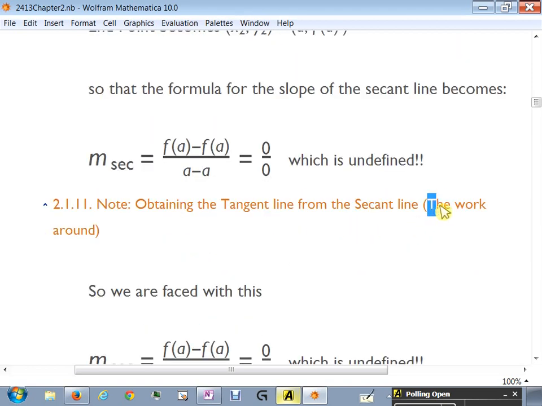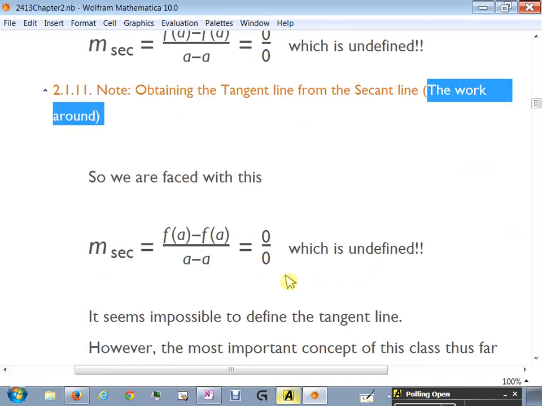So here's the workaround. This is the way we're going to get around this. We are faced with something that, as we move it closer, gets closer and closer to this form 0 over 0. Well, hey, didn't we just spend almost 4 weeks talking about when things try and become a form of 0 over 0? Yes?